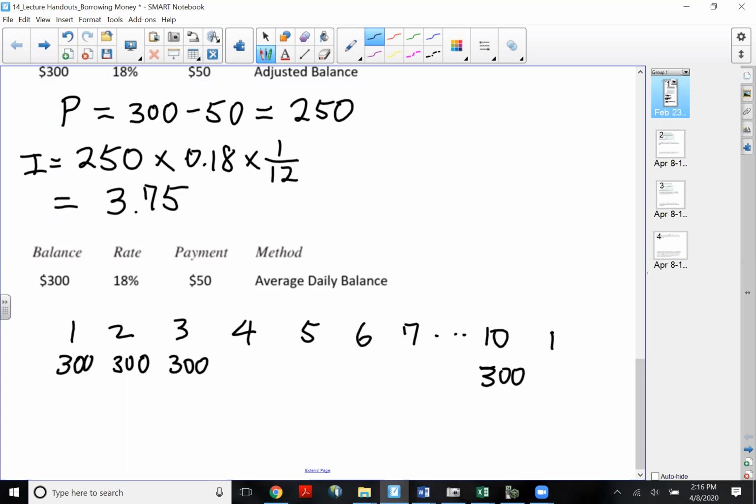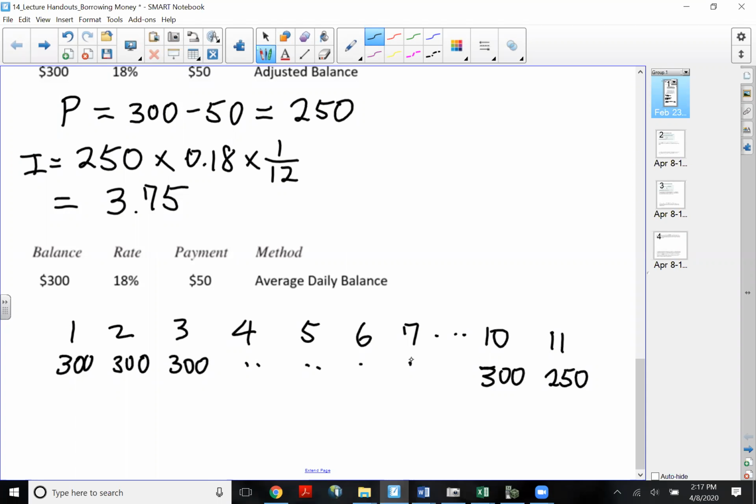But on the 11th of the month, they got my payment of $50. So that means I only owe $250. For the first 10 days, my balance was $300 from last month. So for the very first 10 days of next month, every day I owe $300.